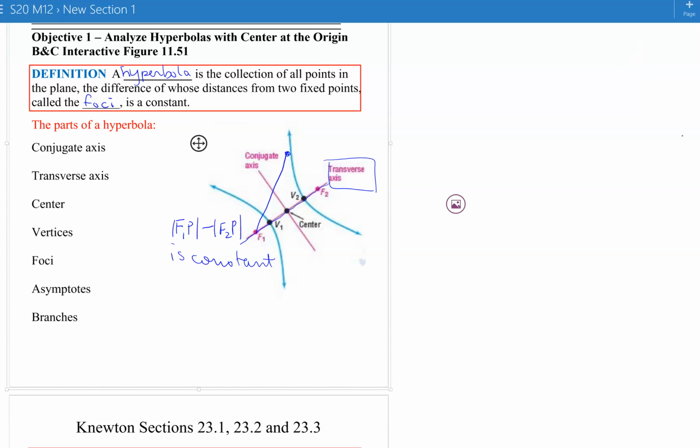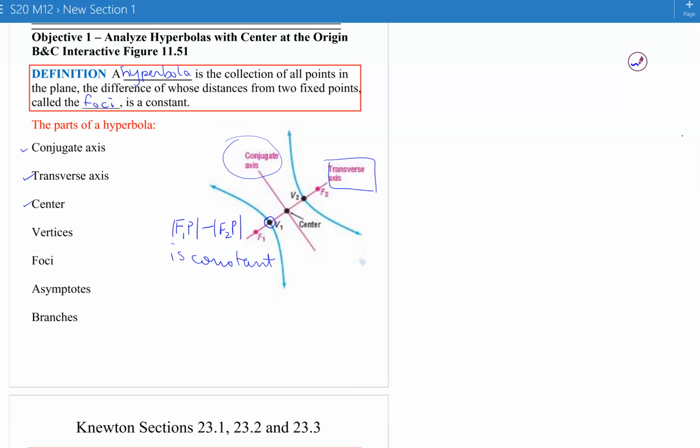Then the conjugate axis goes perpendicular to the transverse axis through the center point. The center is not a point on the graph of the hyperbola, but everything is related to the center, of how far away it is from the center.